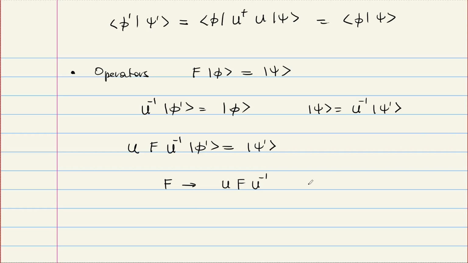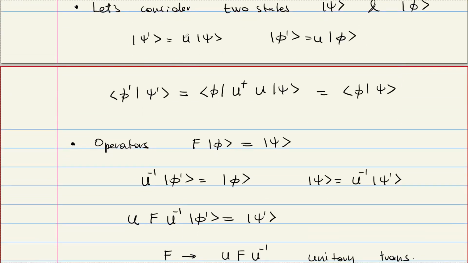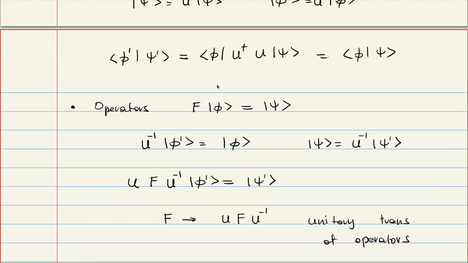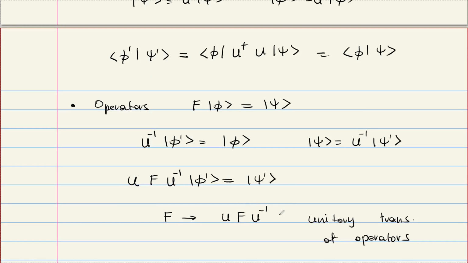I think the book sometimes calls it a unitary similarity transformation, but I think physicists generally just call it a unitary transformation. So this is the unitary transformation of operators. For states, we only act with u. For the operators, we have u and u minus 1, multiplying the operator from the left and right respectively. Good. Any questions?